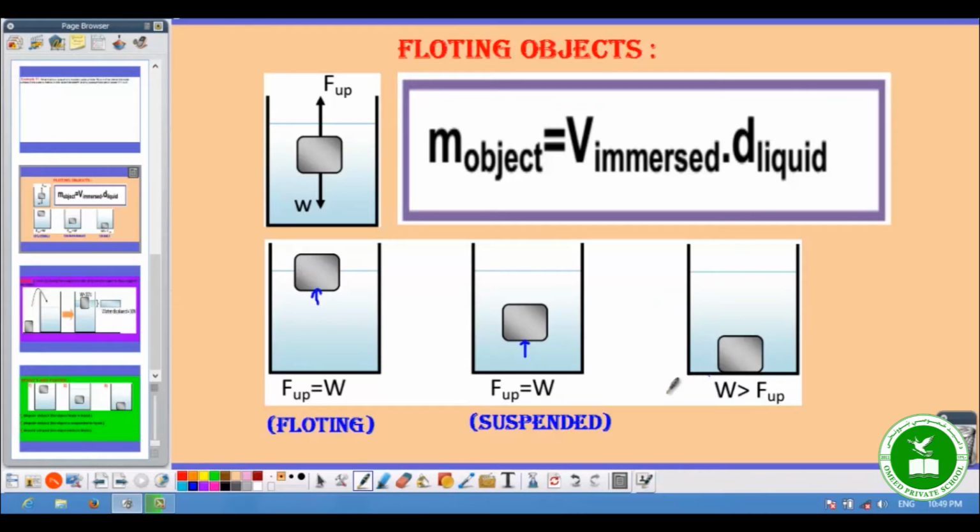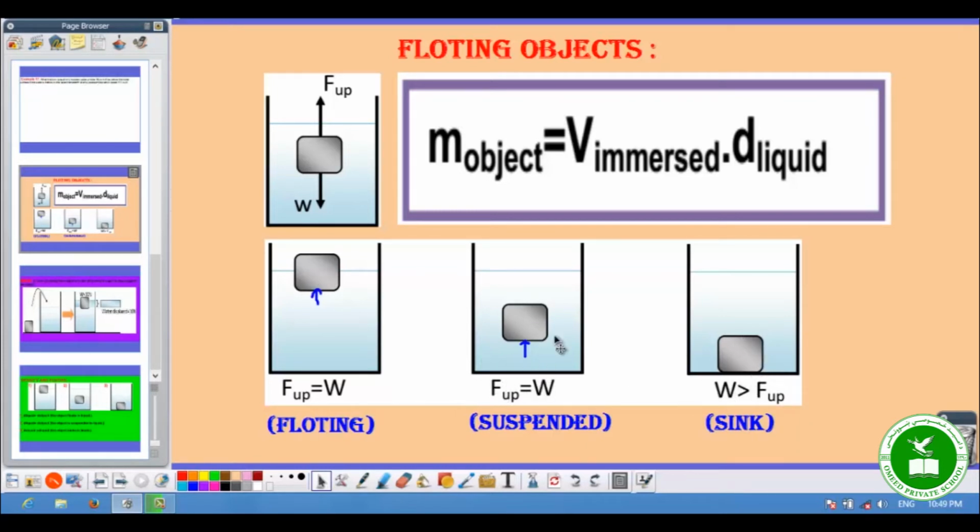Next, the third case is this one. The object is completely sunk, in a sink situation. How? Here weight is more than upthrust force. Upthrust force can never balance the weight. That's why the object sinks.